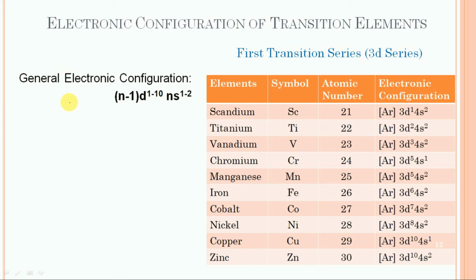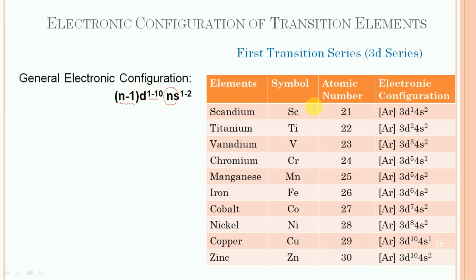Therefore, the general electronic configuration of d block elements may be written as (n-1)d1-10 ns1-2, where n is the outermost shell for the s orbital and n-1 is the penultimate shell.